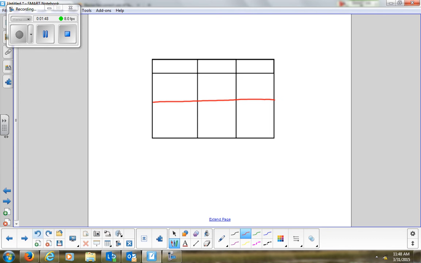Okay, if this is my decimal point here, what's this first box? 1. Thank you, everybody. What goes in the second box? 100. Good. Okay. So if I write 0.18, where is my 0 going to go?